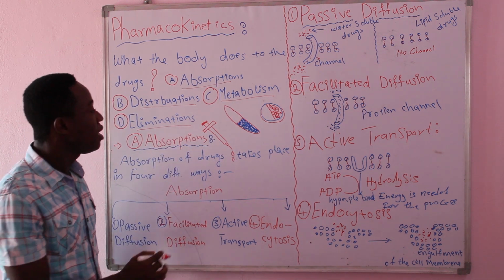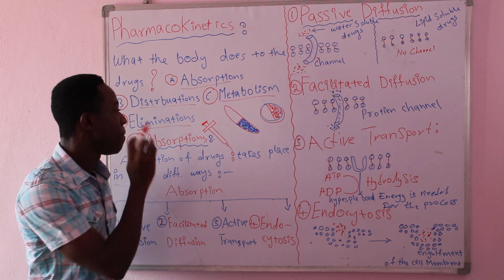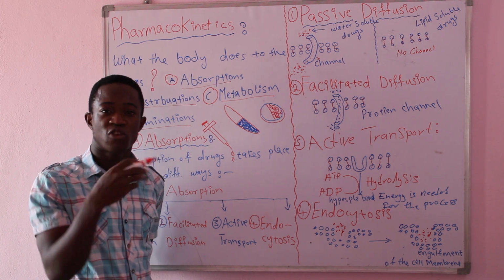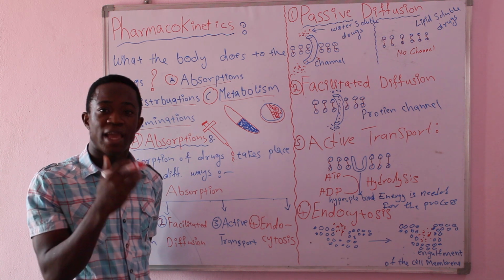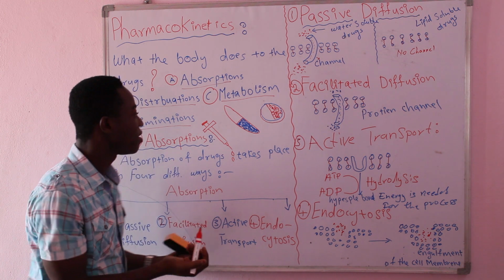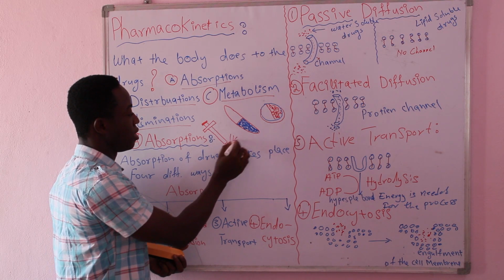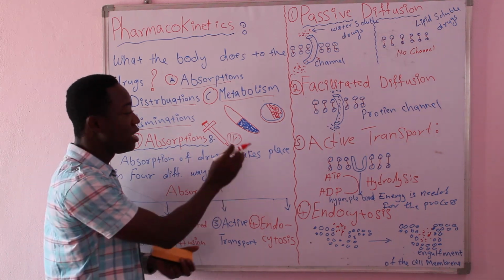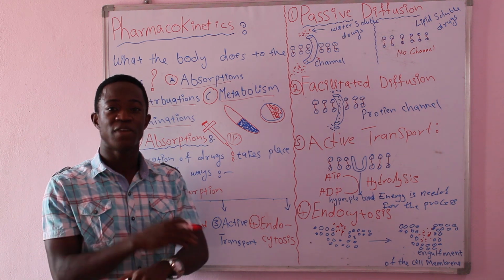Now, when a drug is administered to a patient, either through the parenteral route, topical route, oral route, nasal route, any route, it is firstly absorbed. So for example, IV drugs, meaning intravenous, meaning the drug is given within the vein.